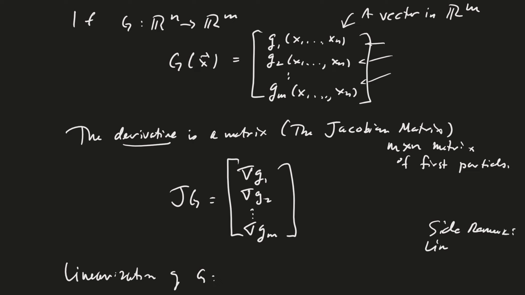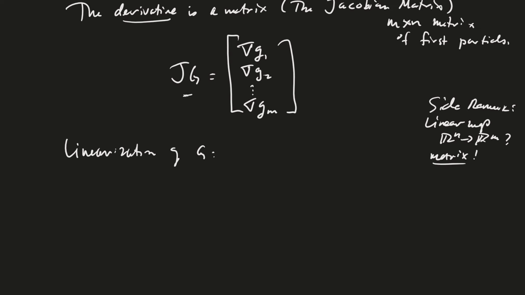What does a linear map from Rn to Rm look like? Did you answer matrix? If you did, then you're correct. And in fact, this is the matrix, the Jacobian matrix. I'm losing my voice.